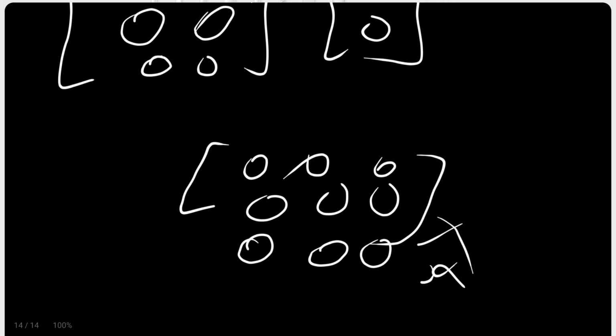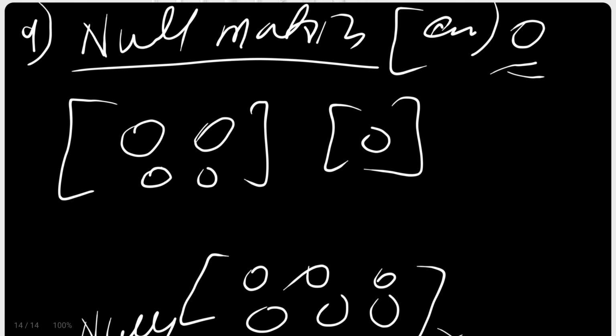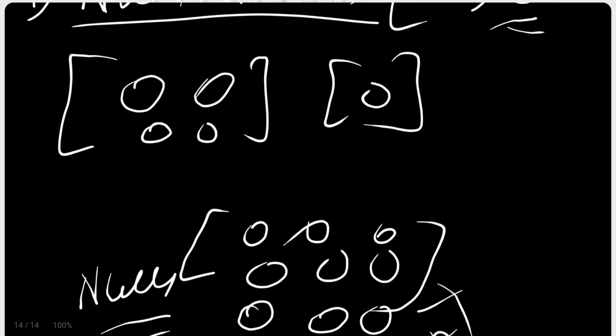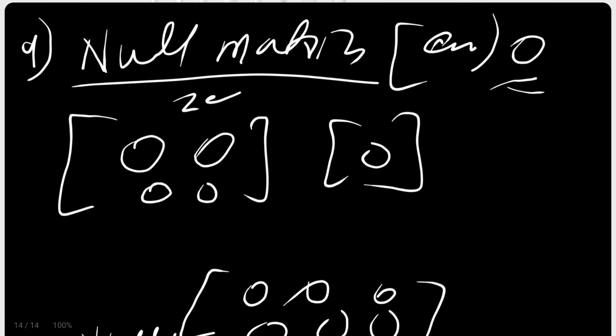But if it is a 3 cross 3 matrix and it has all zero elements, then you can say it is a null matrix, or we can say zero matrix.